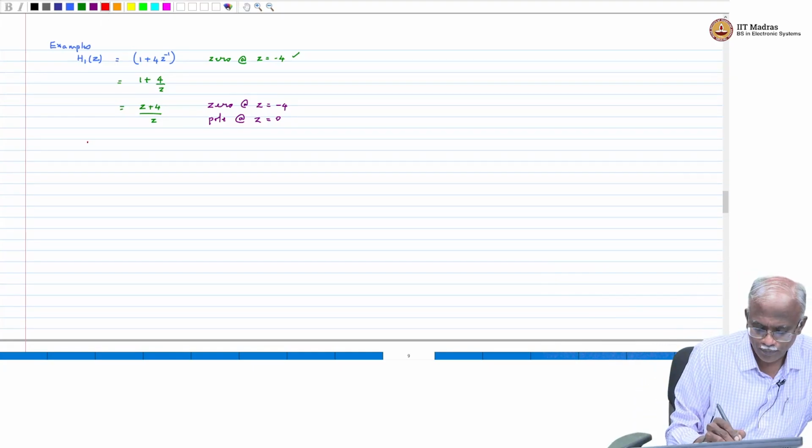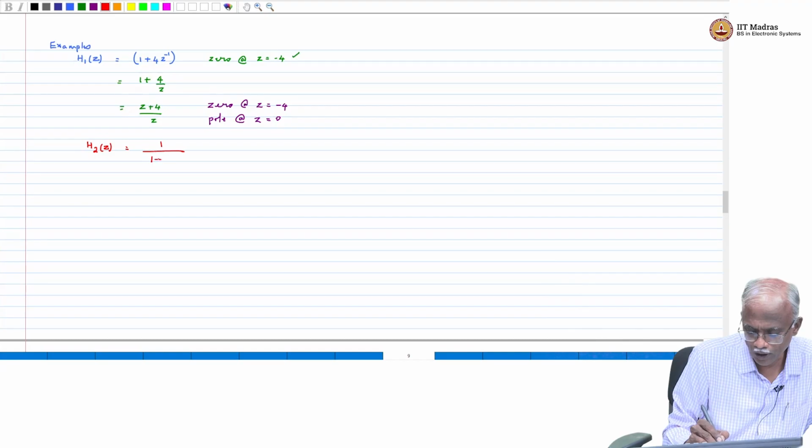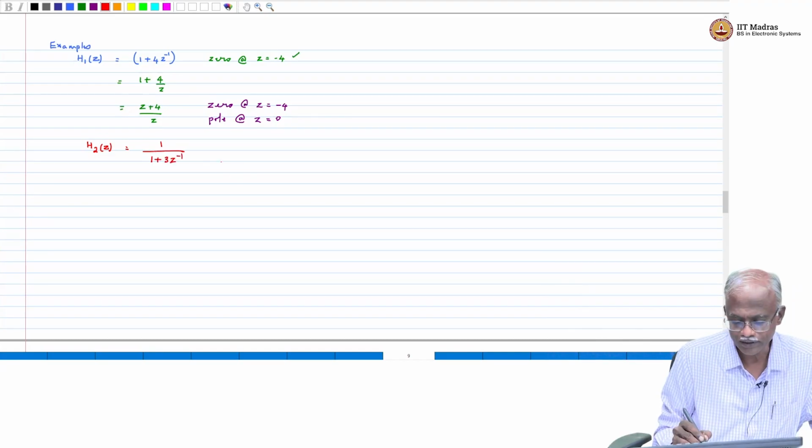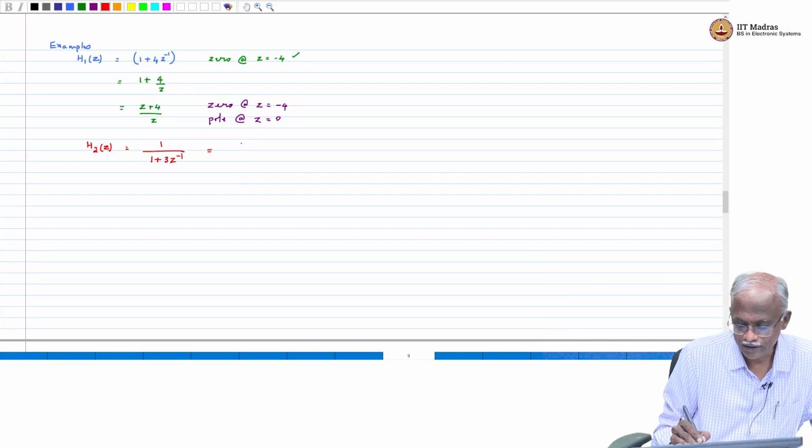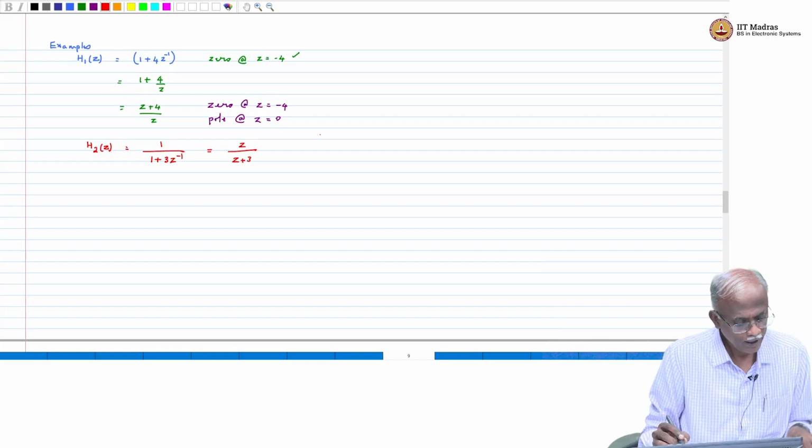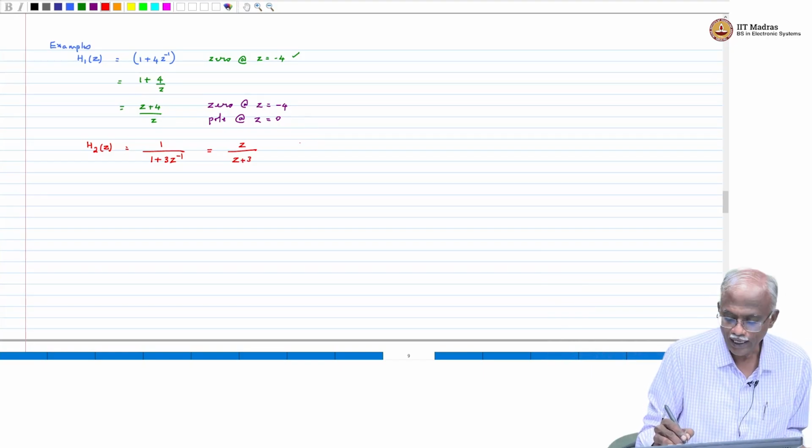Let's take another example. H2 of Z. I'm going to take the first denominator term in the transfer function, 1 plus 3 Z inverse. Notice that I can write this as Z divided by Z plus 3, which will tell me that there is a pole at Z equal to minus 3, but there is also a 0 at Z equal to 0.